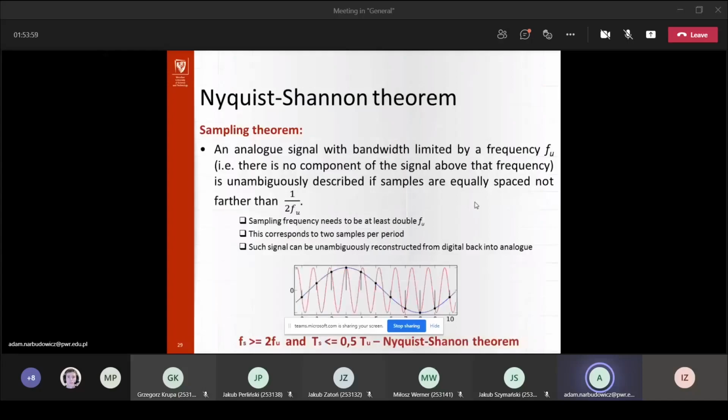Well, hopefully this graph here can illustrate the principle. Over here we have the red curve, which is the signal, the sine function that we try to sample. However, as you see here, we are not really satisfying the Nyquist-Shannon sampling theorem.